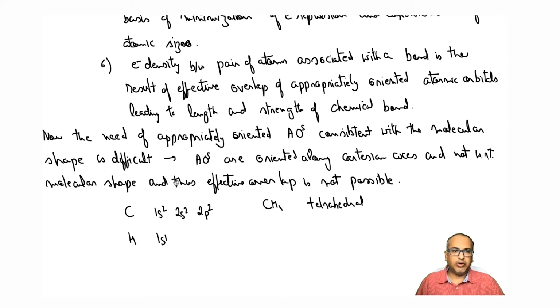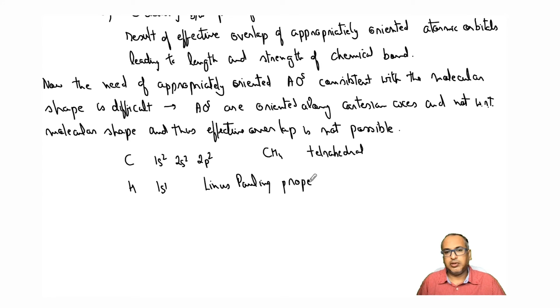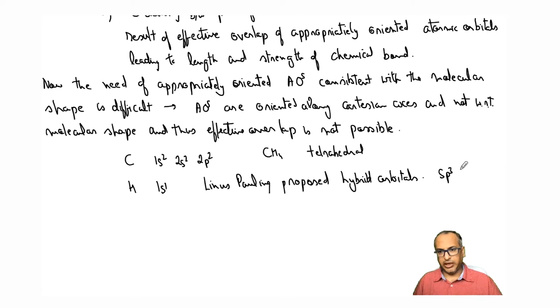So then what do we do? What is the solution for this? Linus Pauling actually came up with a solution, and he proposed hybrid orbitals. Like we have learned how carbon is sp3 hybridized in CH4, right?